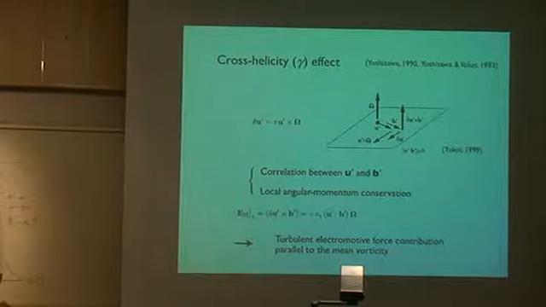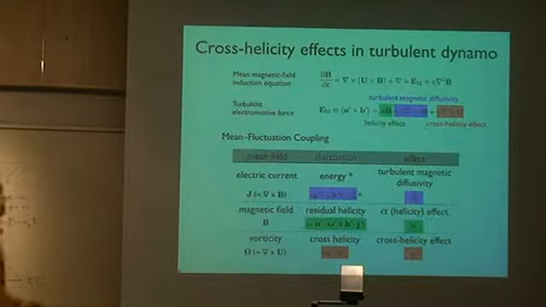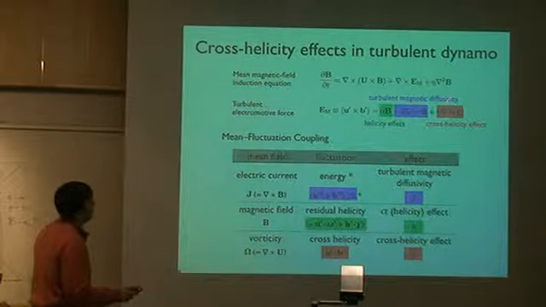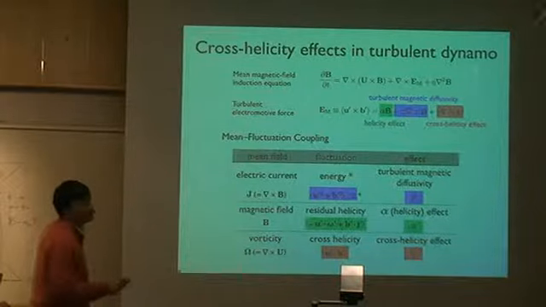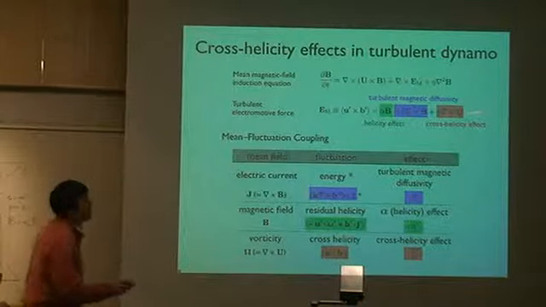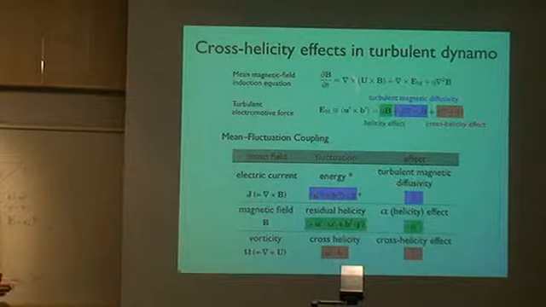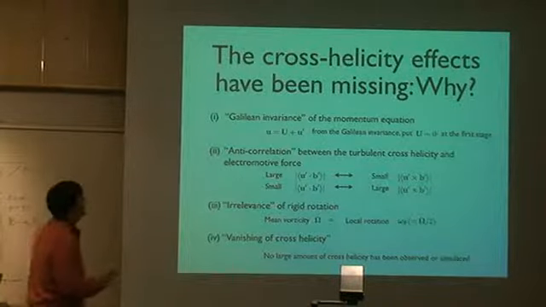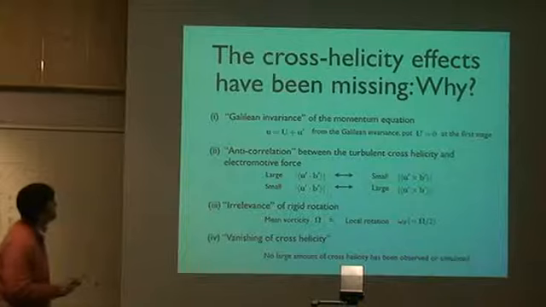So anyway, we have additionally this type of term in the electromotive force expression, in the presence of cross helicity in turbulence and also large-scale vorticity. I'd like to mention why the cross helicity effect has been missing.